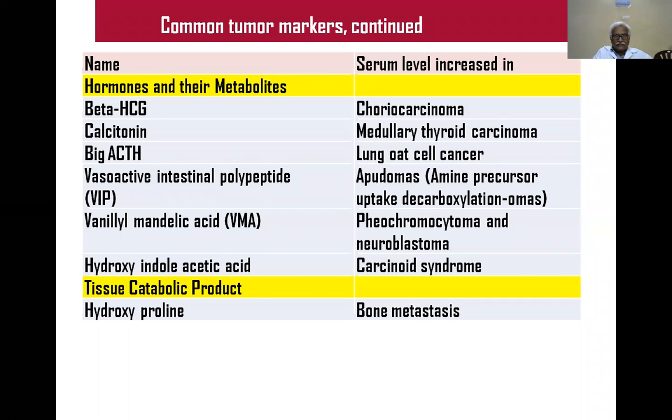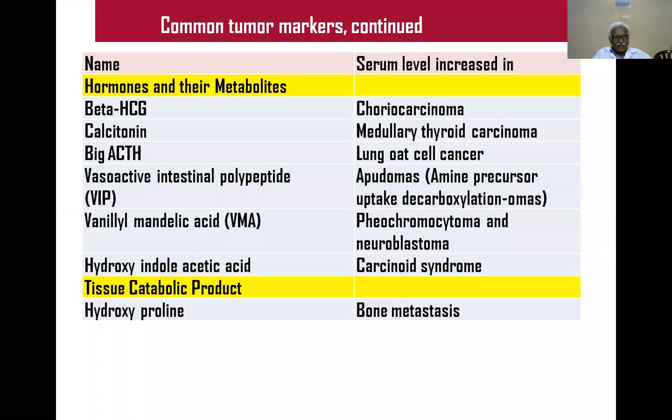Vanillyl mandelic acid, pheochromocytoma. So the cap of the kidney will be producing large amounts of adrenaline and noradrenaline, and it will be converted into vanillyl mandelic acid. Okay. Hydroxyindoleacetic acid, carcinoid syndrome.